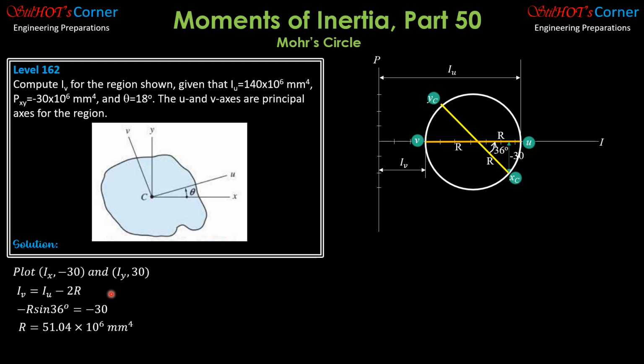We then substitute into this formula to solve for I sub v, because I sub u is given. So I sub v is 140 minus 2 times 51.04, times 10 to the 6. So I sub v is 37.92 times 10 to the 6 mm to the fourth. So that's it for this problem.